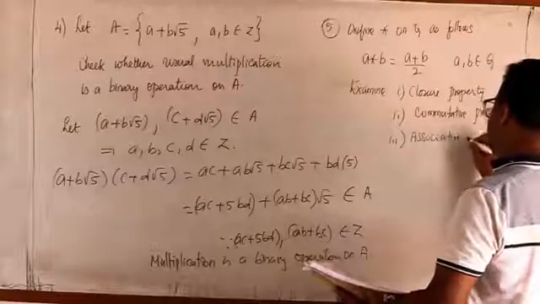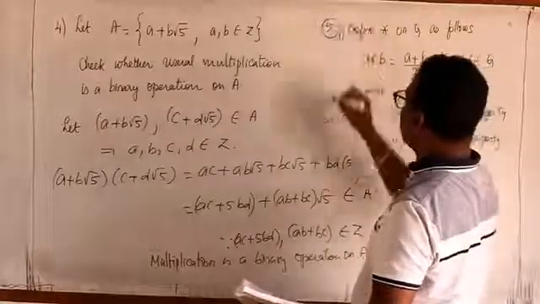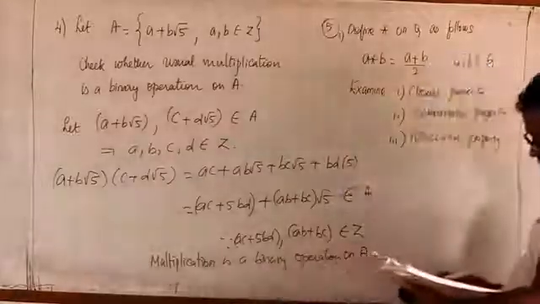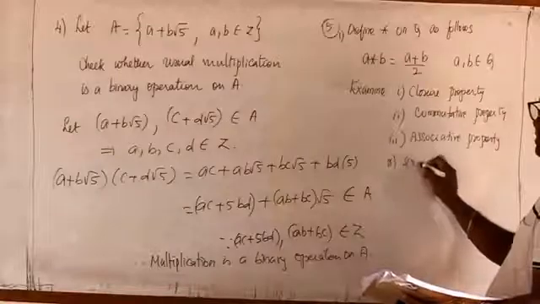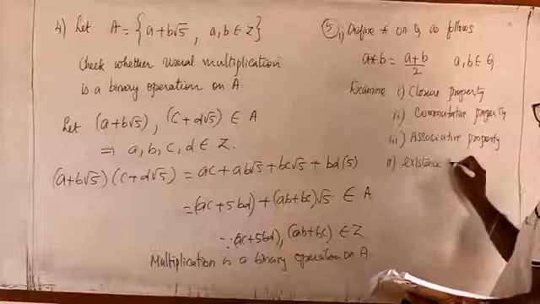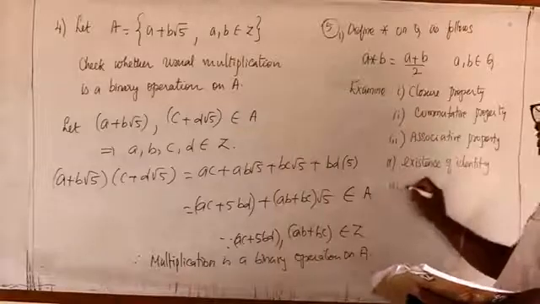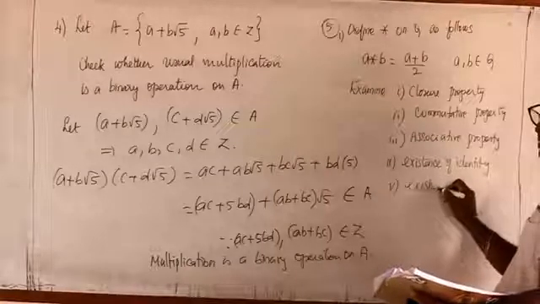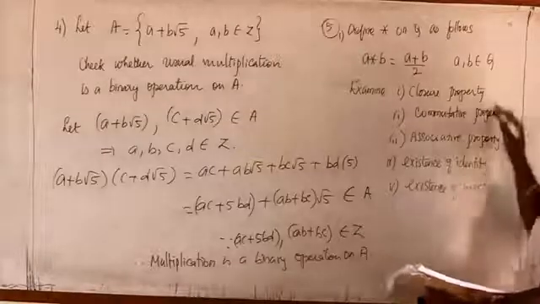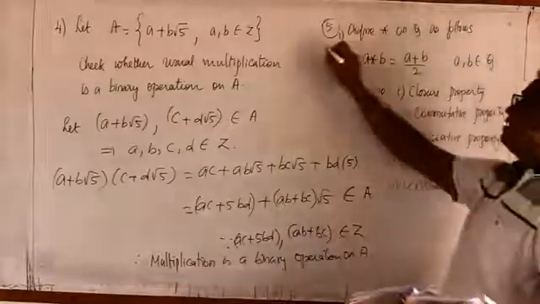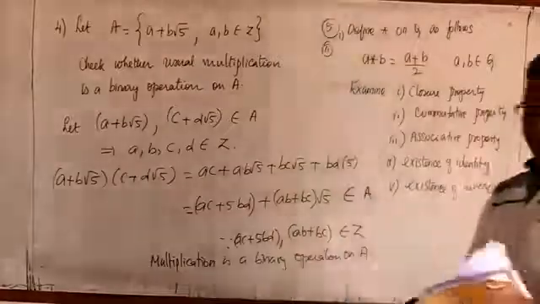Now, let me combine problem number 1 and also 2 because it is the same operation. So let me go for existence of identity and also for existence of inverse. We shall check all these five together.